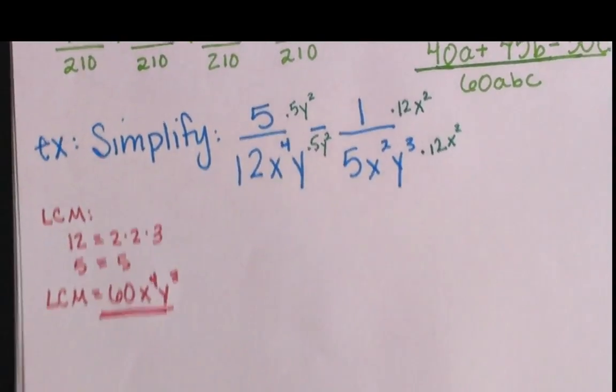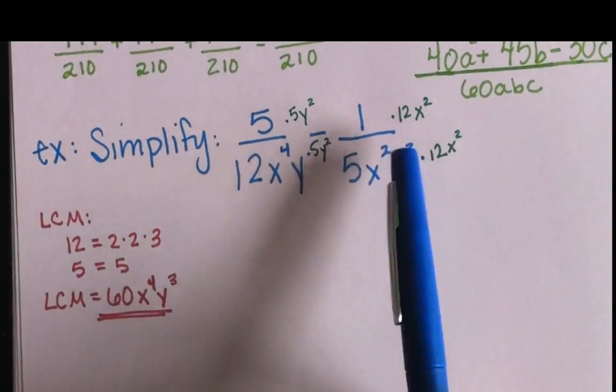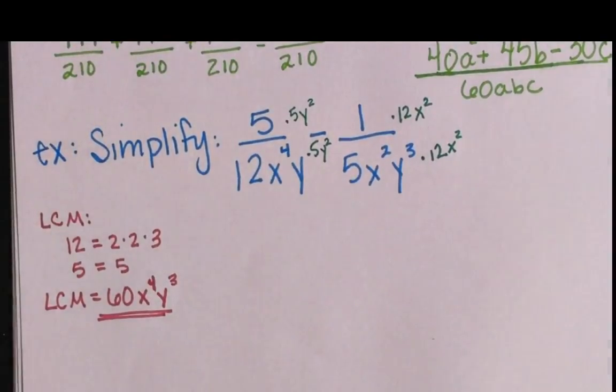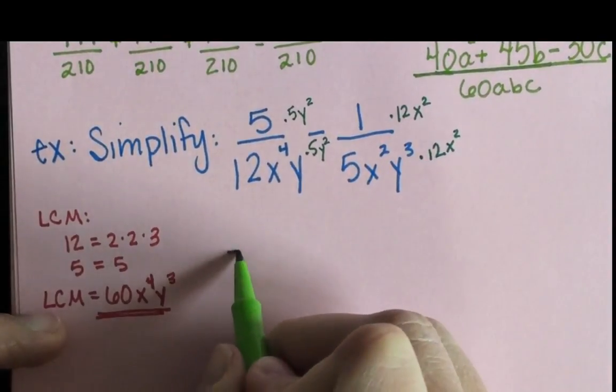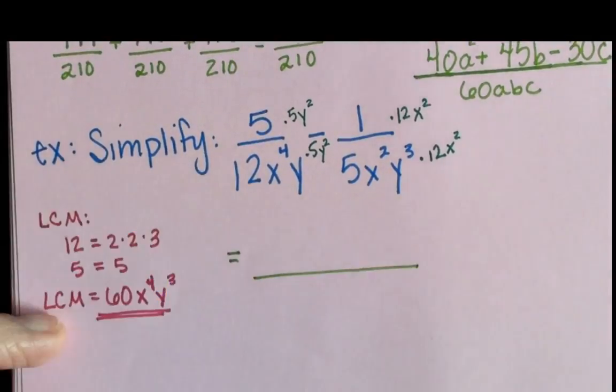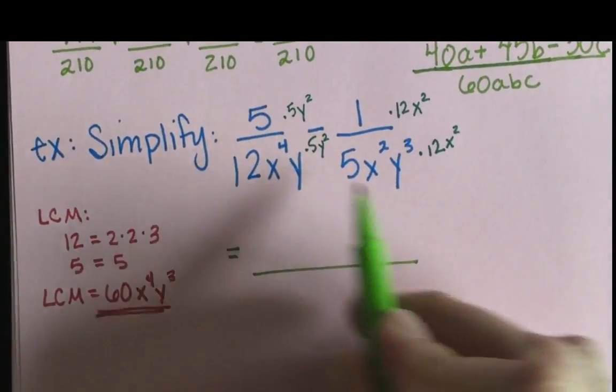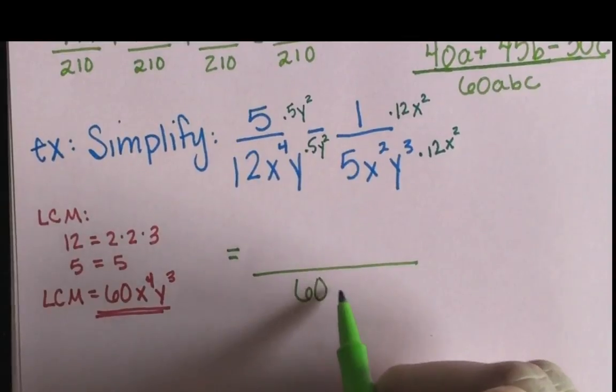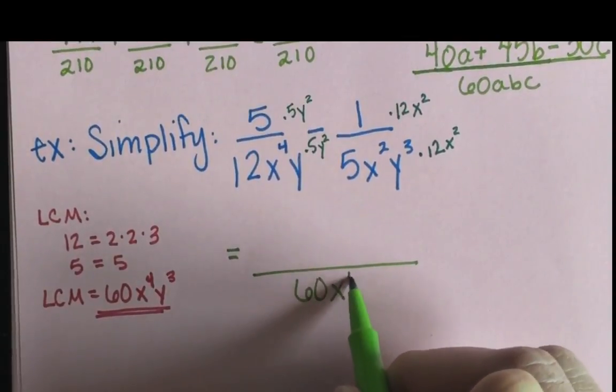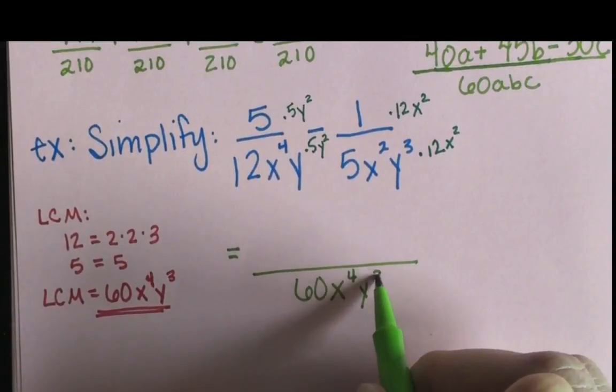So now when we multiply each individual question, again, I'm going to cut to the chase, and I'm going to write the common denominator underneath, which we've already determined should be 60x to the 4th y cubed.